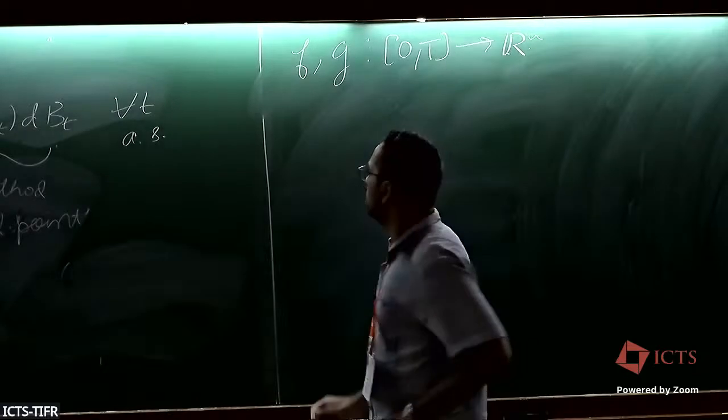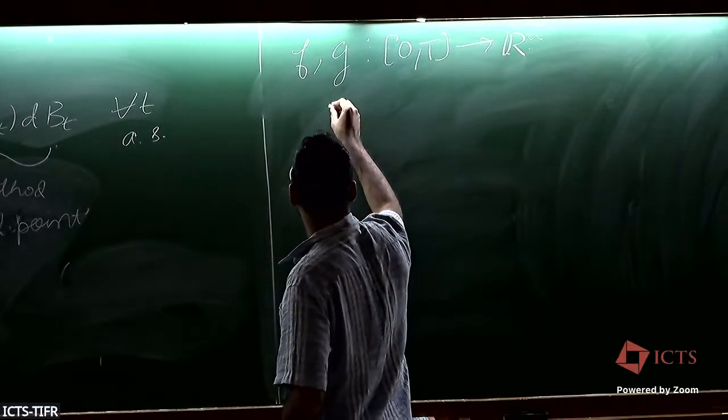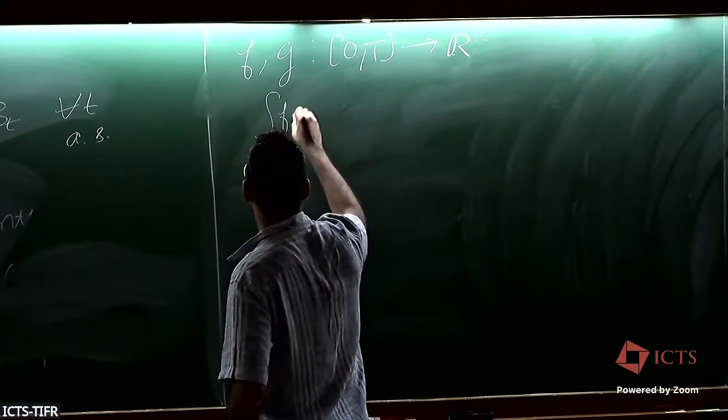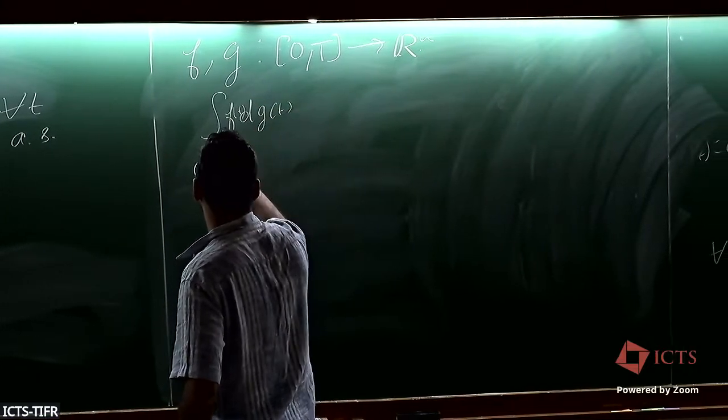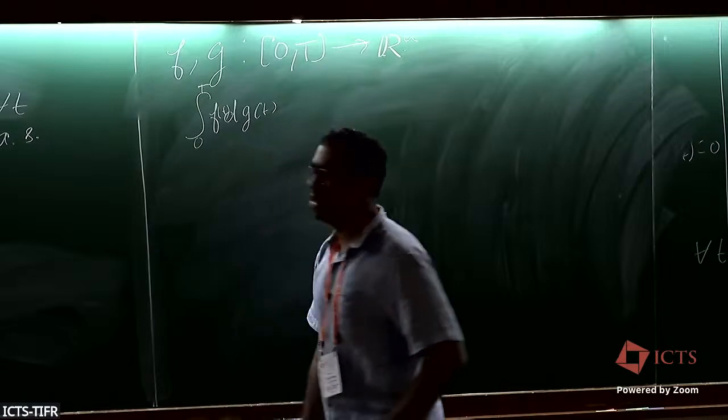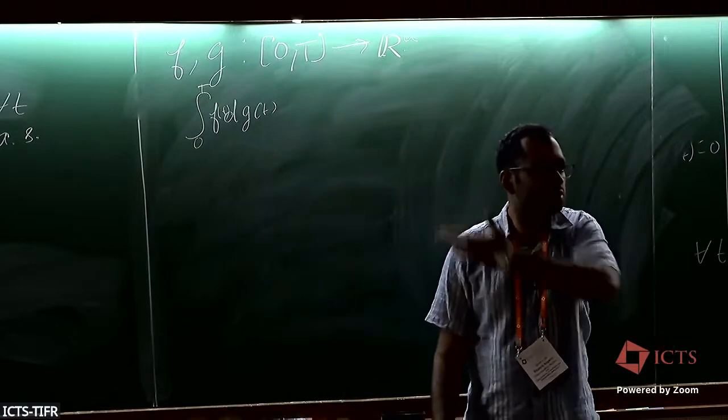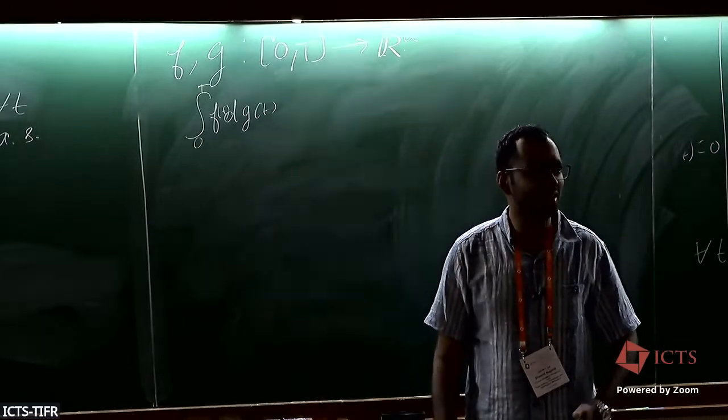Now we want to make sense of the integral of f(t) dg(t) from 0 to t. If you are in 12th standard, you use differential forms and try to integrate it, changing the variables and so on.